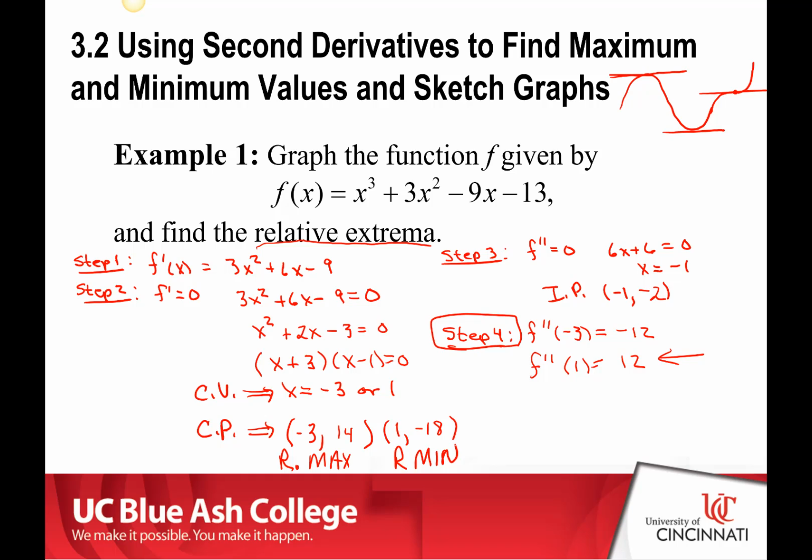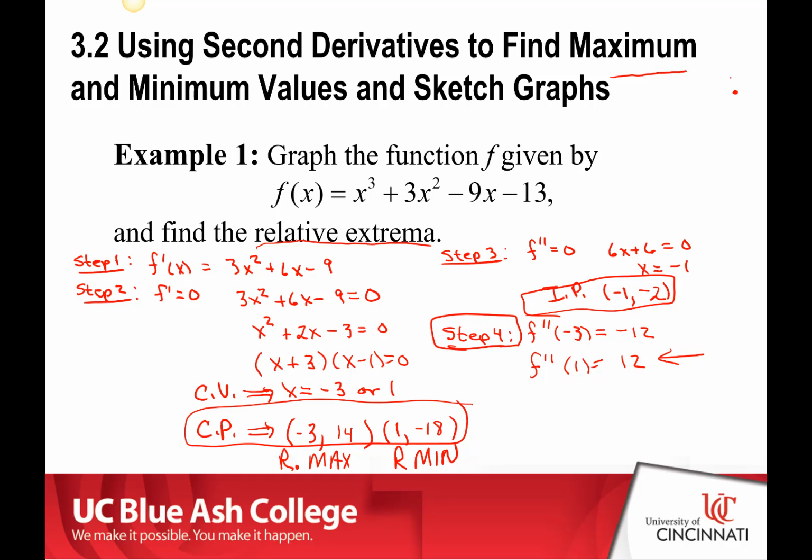Does that make sense? So in fairly short order, you can go through, click off a whole checklist of stuff, find your maxes, find your mins, locate your inflection points. Okay? With that information, you can go ahead and sketch a graph of this, couldn't you? Well, let's see here. Do this in the upper right corner where we have a little space.